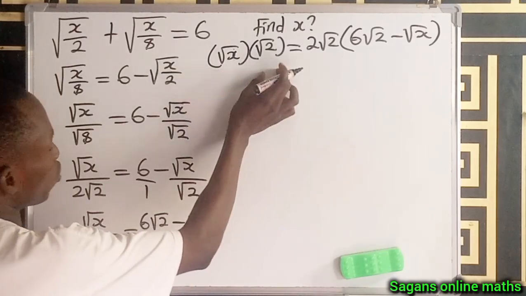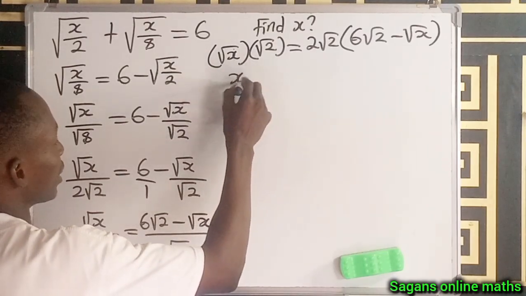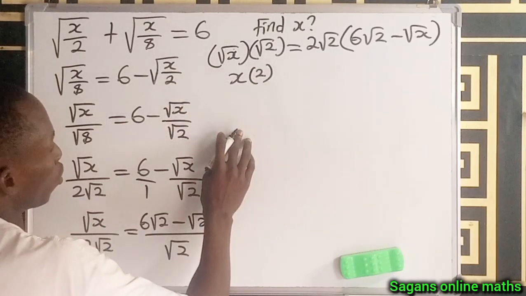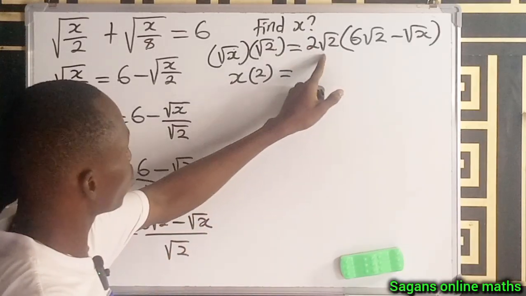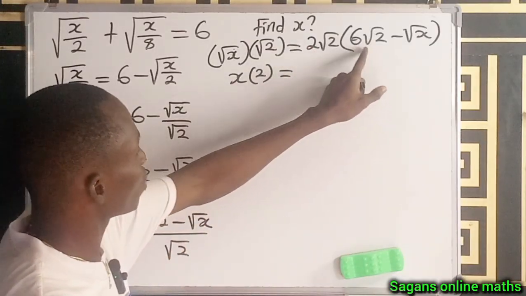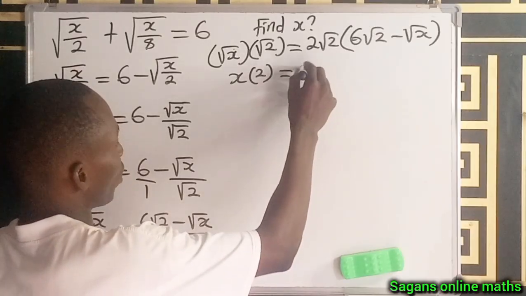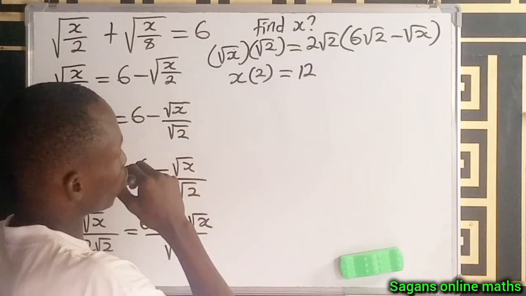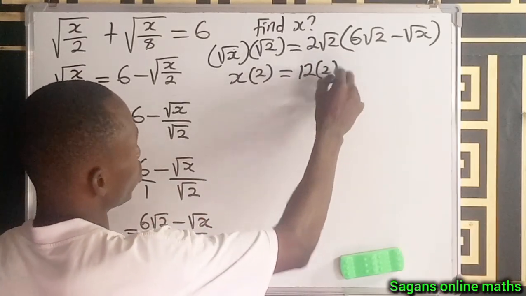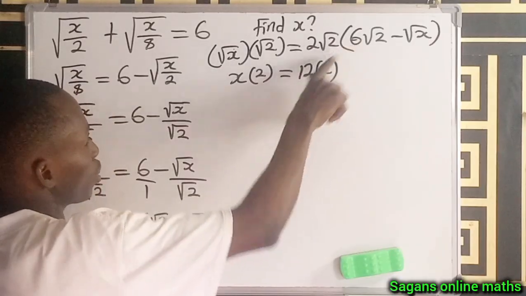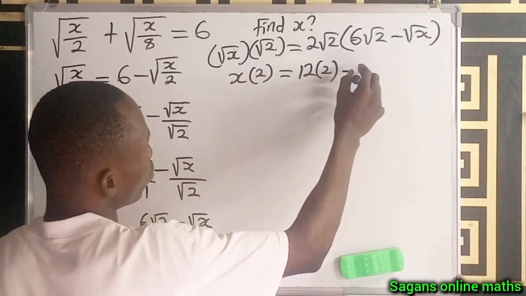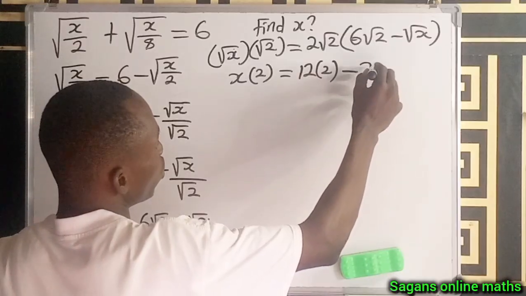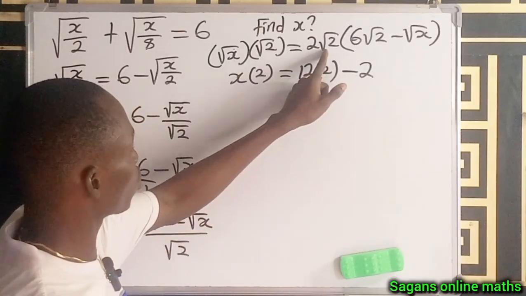Now root x times root 2, we're going to have x times 2. Now root 2 times 6 root 2, this is just 12 times 2, because 2 times 6 is 12 and root 2 times root 2 is just 2. Minus 2 root 2 times root x.